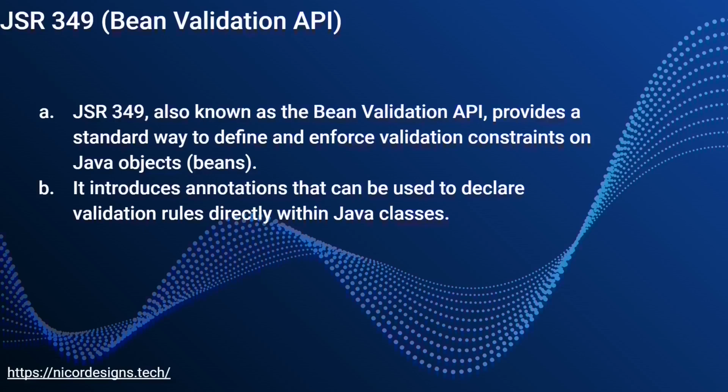It's also known as the Bean Validation API, and it provides a standard way to define and enforce validation constraints on Java objects. It introduces annotations that can be used to declare validation rules directly within Java classes.